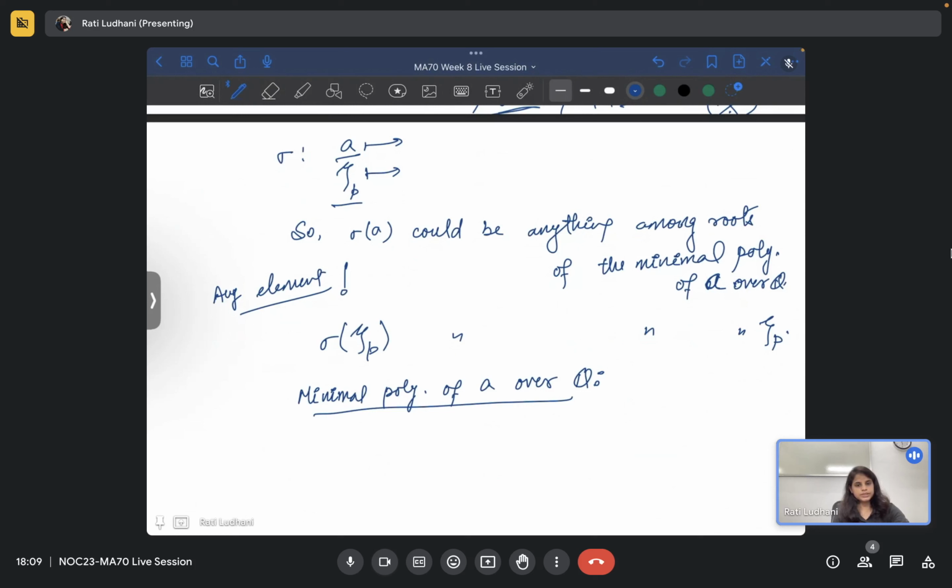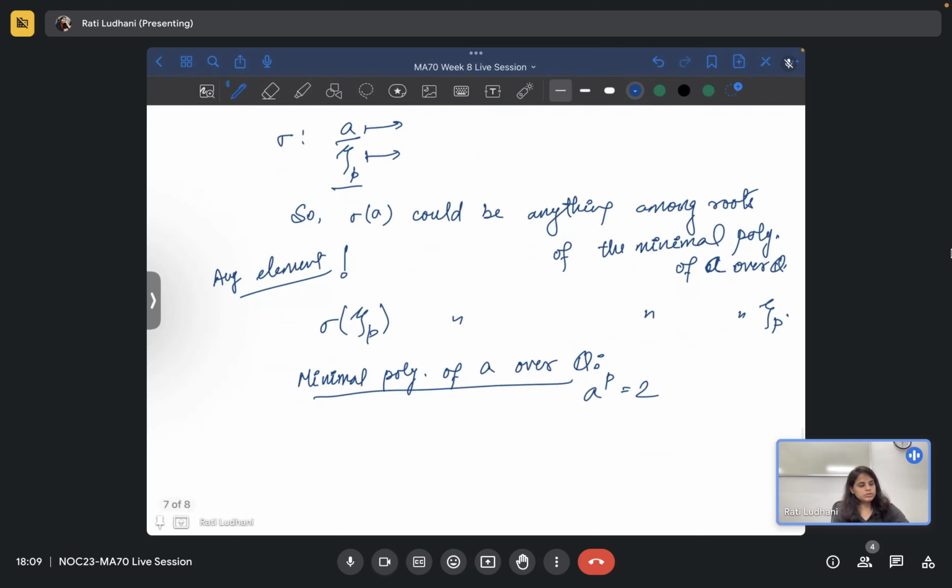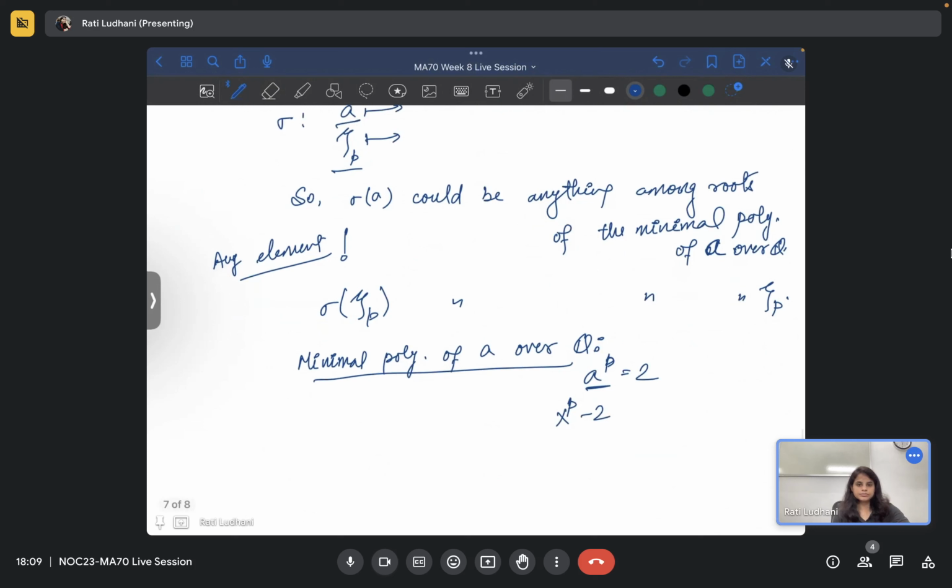So what is the condition? You know that A raised to power P is equal to 2. So for the minimal polynomial we have that condition. So this is x raised to power P minus 2, right? So this is the minimal polynomial.